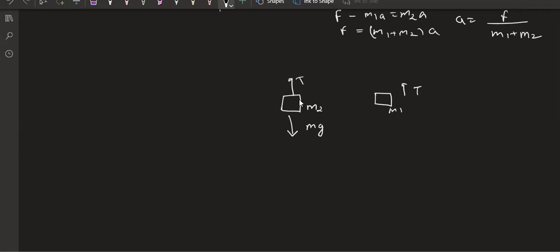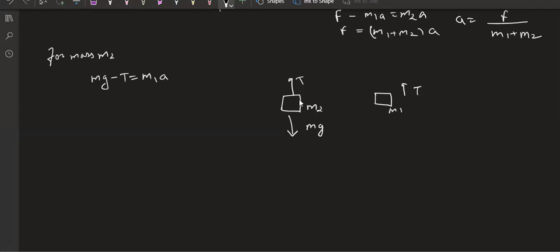So for mass M2, I can say that mg minus T is equal to M2a. Now, since both of them are tied together, if mass M2 comes down by x distance, M1 will go up by x distance, yes or no?